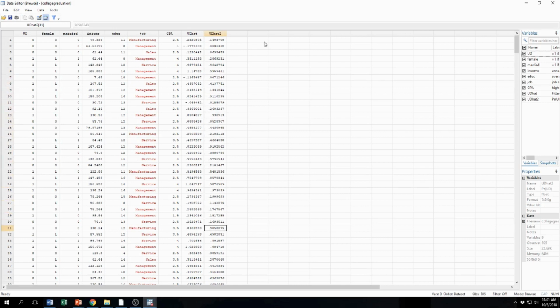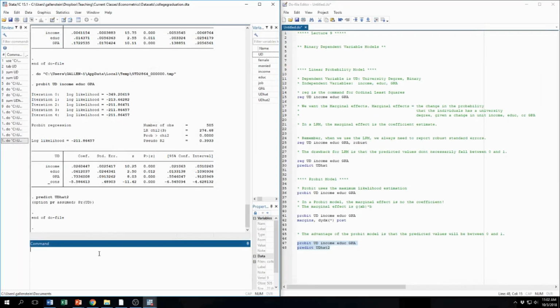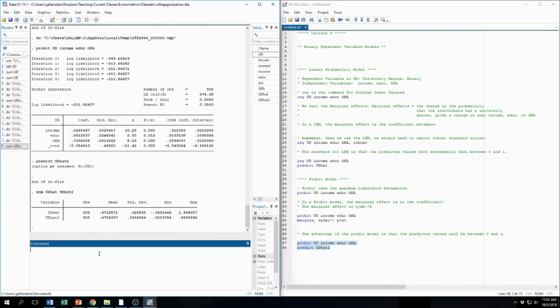And so UD hat 2, the predicted value from the Probit model, is a more realistic and therefore probably more reliable generator of predicted probabilities than the linear probability model. We can summarize these results here. Let's do sum UD hat 2. The means are very similar, but we can see that UD hat 2, the one from the Probit model, doesn't drop below 0 and doesn't go above 1.